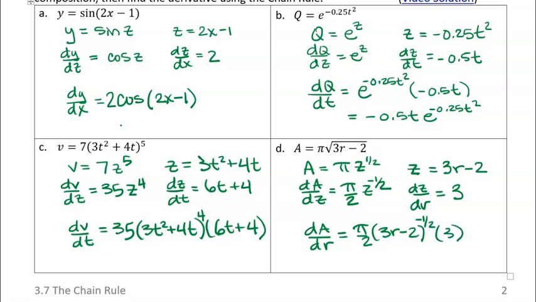Now I could write that as 3 pi over 2 times the square root of 3r minus 2. Either one is fine. So there we go. We've had some practice with the chain rule. I'll meet you in the next video.